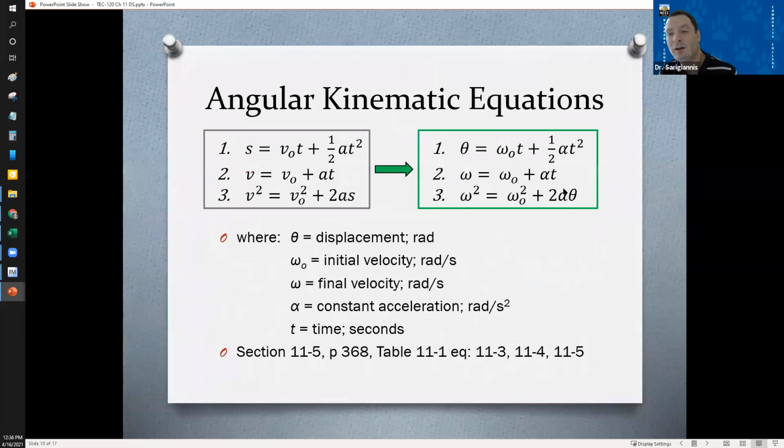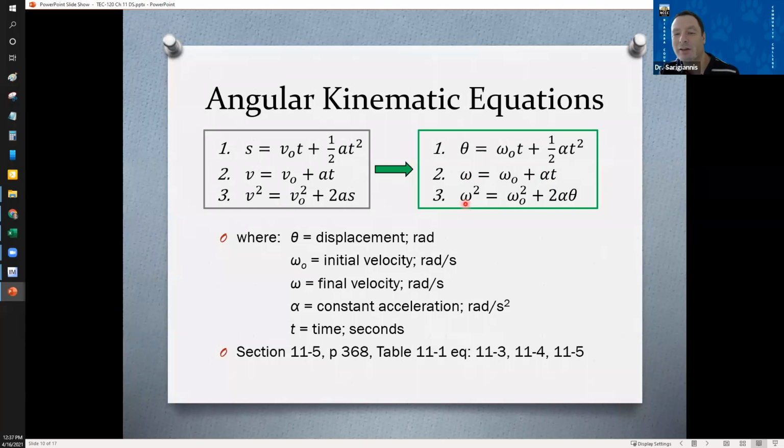Let's look at these equations real quick. We want the angular acceleration and the time. Well, let's see. If I use this equation, I've got acceleration and time, two unknowns. If I use this equation, I know the angular velocities, the initial and the final, but I don't know anything about time or acceleration. Oh, but look at this equation.